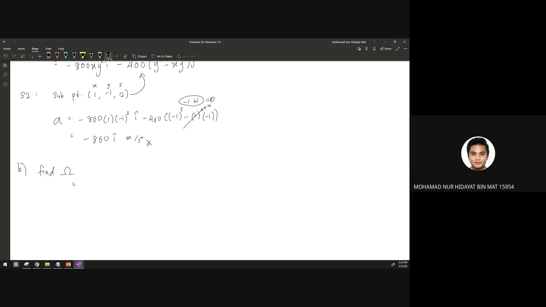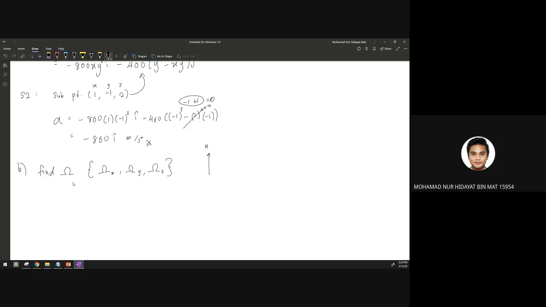Remember that previously we have learned the angular velocity consists of a few components: angular velocity in x direction, y direction, and z direction. This direction reflects your right hand rule. For example, this is the x direction.